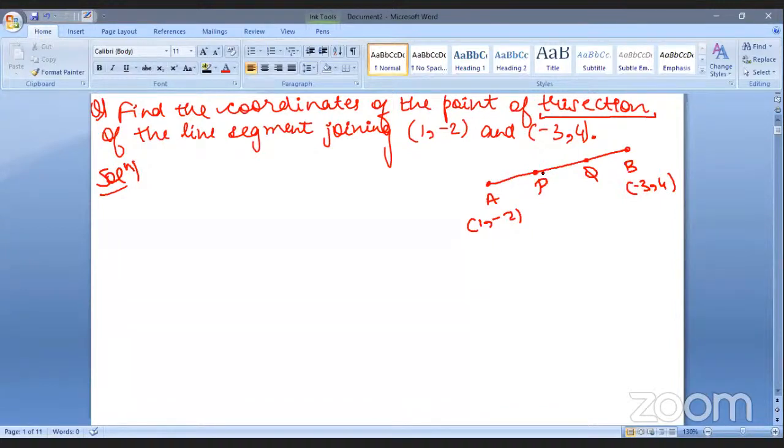But the problem is that the process would be very long, because we will have a lot of unknown quantities. Look, here we don't know Q and we don't know P. So by chance if we use AQ first, like you are saying, AQ as a line segment and P as the midpoint, right? Yes, ma'am. So in this particular question, although the ratio is known to us, 1:1, and we know this point, 2 things are unknown to us.